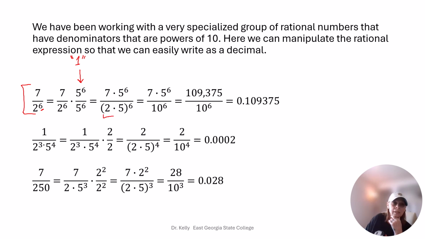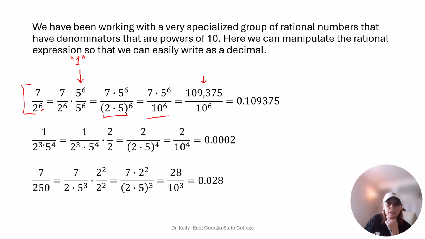So I put it together here, and we use those rules of exponents I've been going over. I multiplied 7 times 5 to the 6, and I got this number, and then I was able to write it out, and that is our terminal decimal.